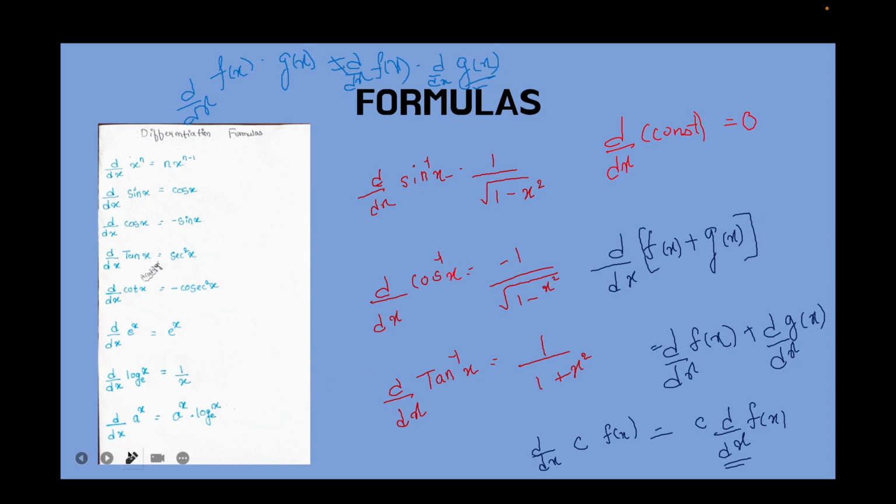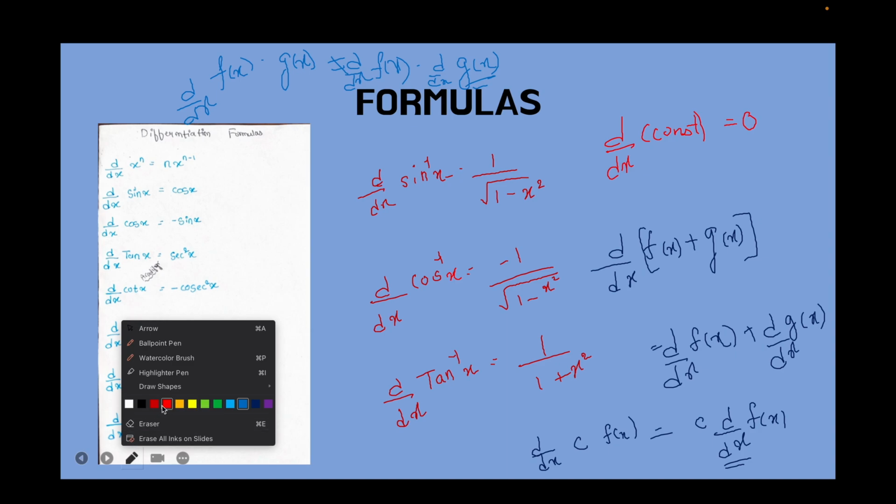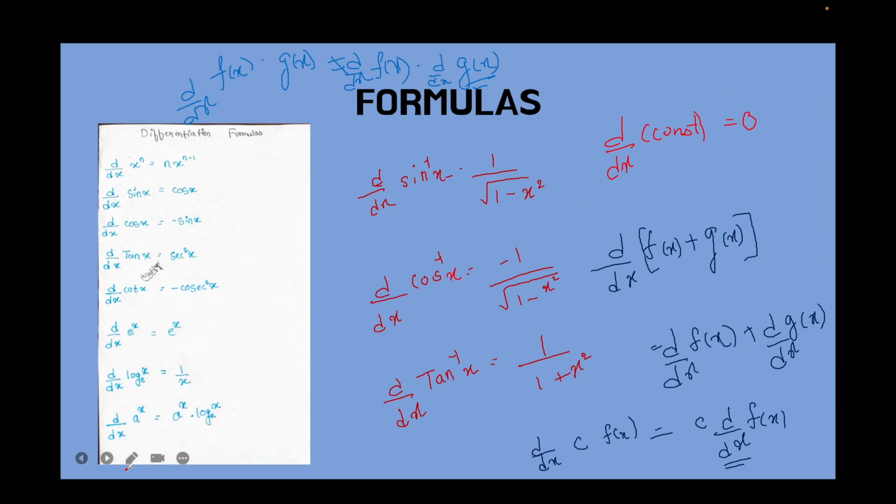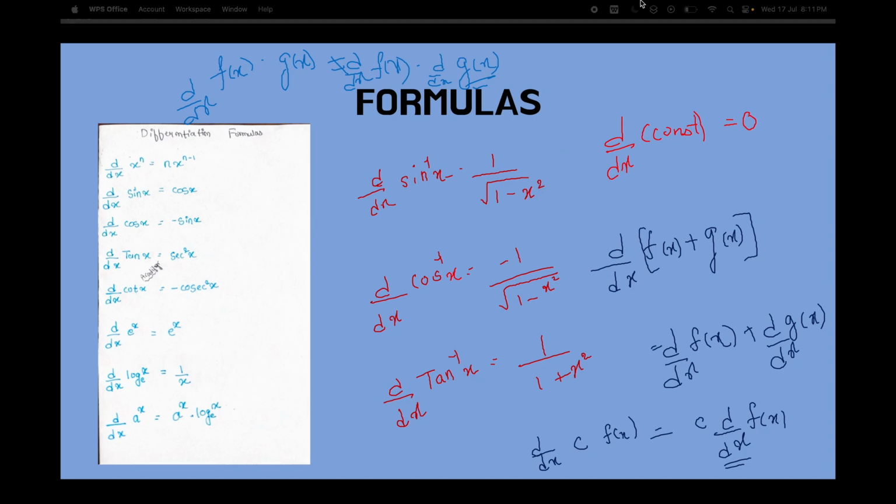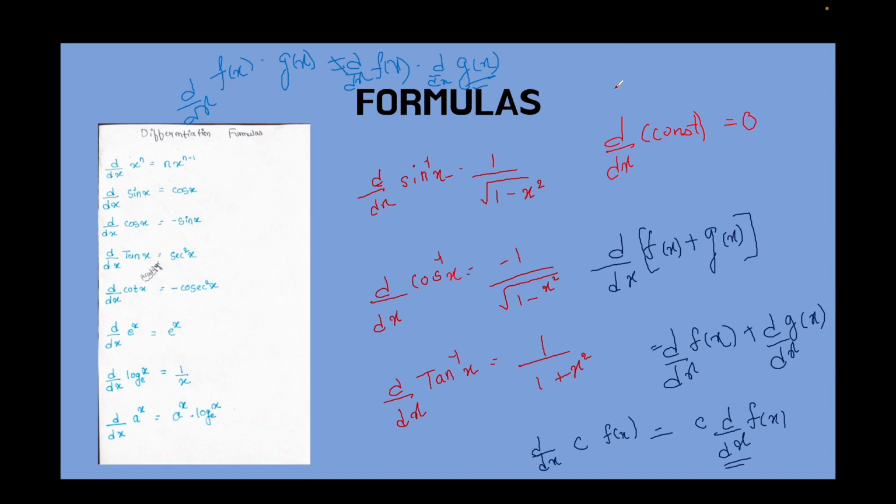Now I will also let you know one more notation which we use quite often in differentiation chapter. If we have differentiation of f of x, instead of writing df of x by dx, we just write it as f dash of x. If you further differentiate, we will write it as f double dash.